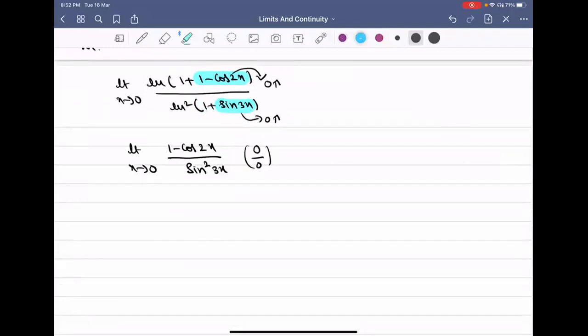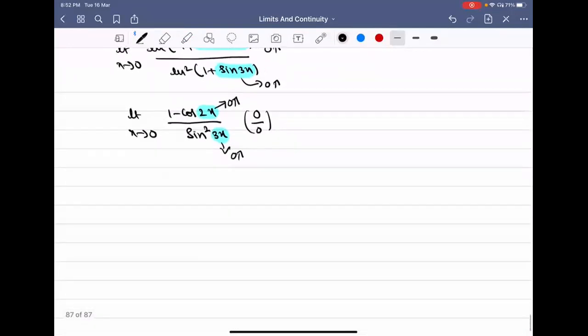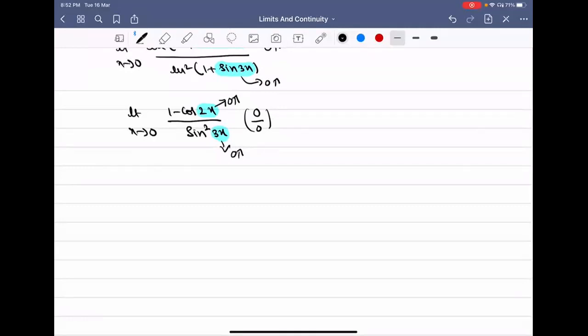See here, the angles 2x and 3x: as x tends to 0, 2x tends to 0, and 3x also tends to 0. Therefore, what is the infinitesimal of 1 minus cos 2x? As alpha x tends to 0, the equivalent infinitesimal of 1 minus cos alpha x is alpha square x square by 2. We have this result: limit of 1 minus cos x by x square is equal to 1 by 2.